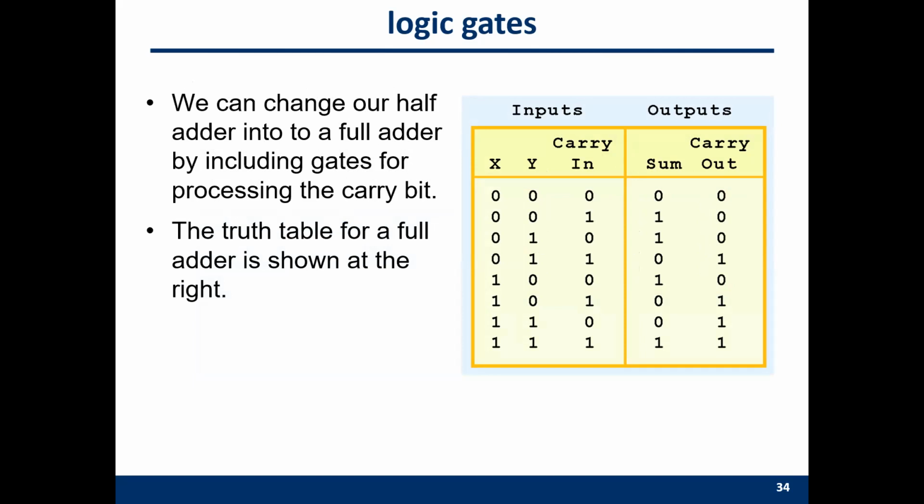Now, if we consider the carry in, we will have one more input, which is the carry in. So now we have 3 variables. So we have 8 rows here. And then we can add these 3 together to get the output here. So this is the so-called full adder.